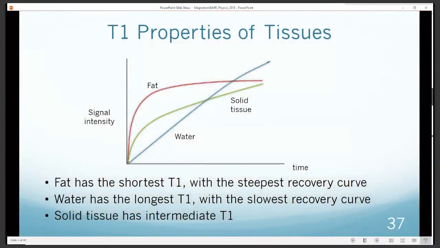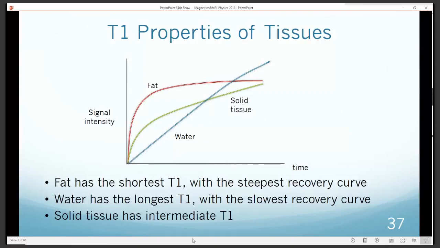And like the T2 of tissues, the T1 of tissues are different for different tissues. On the extremes are water, which has a very long T1, and fat, which has a very short T1, and other tissues are in between those.